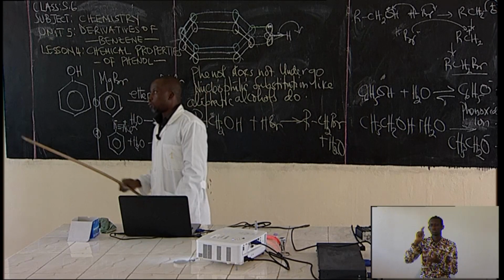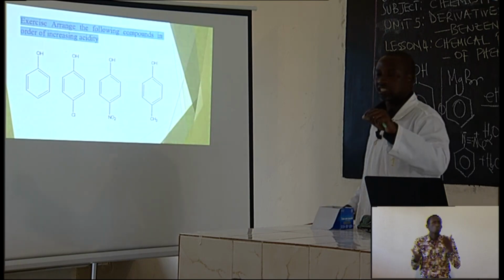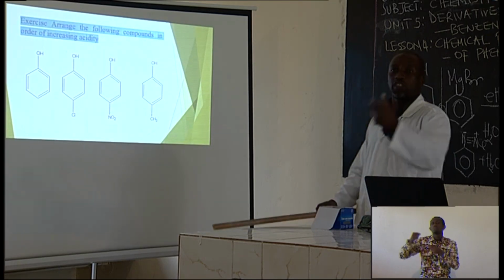So you have to answer this exercise. Arrange the following groups in order of increasing acidity. That means you look at whether the group is electron withdrawing or electron donating. Electron donating reduces the acidity. Electron withdrawing increases the acidity. So look at the groups that are attached and tell which one is more acidic. The more acidic is the one that withdraws the electron.